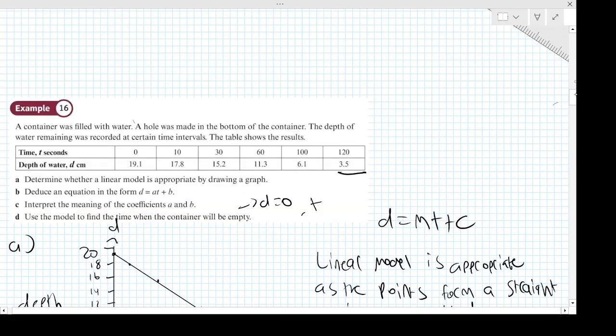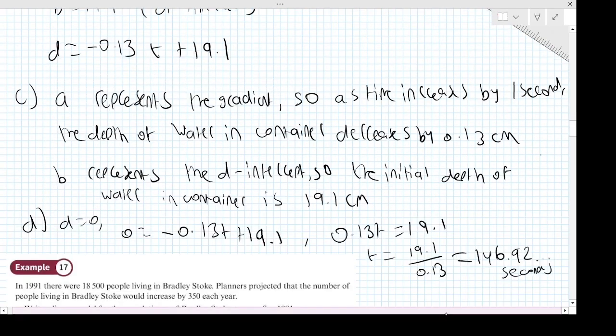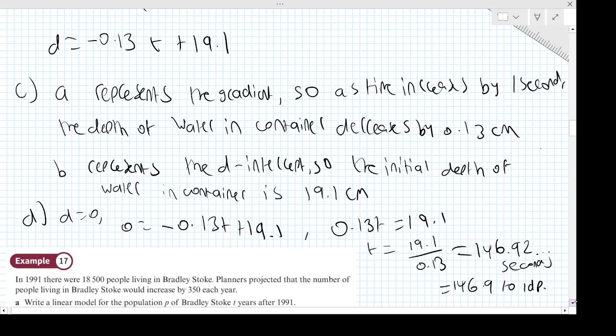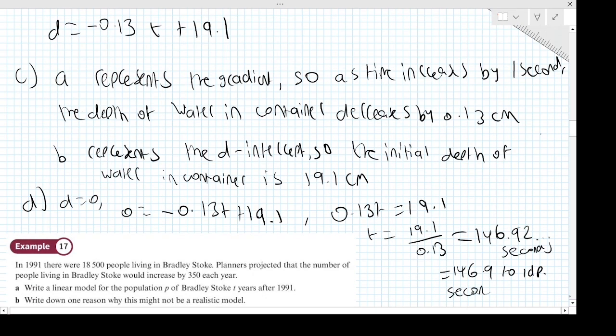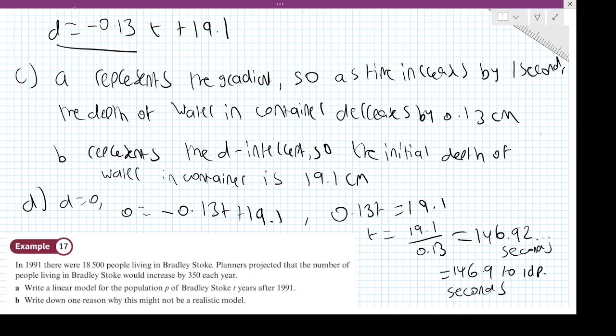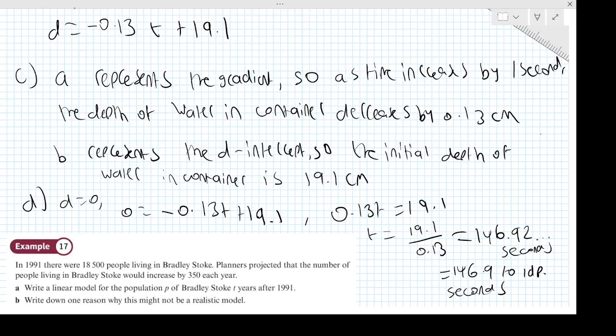Do we need to round it? So I'll just round it, I guess 146.9 to 1 decimal place, and that being seconds. So when it reaches 146.9 seconds, according to this model, so this equation here, that's when the container will completely empty. Okay, cool. There we are.